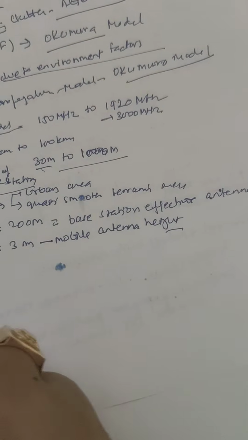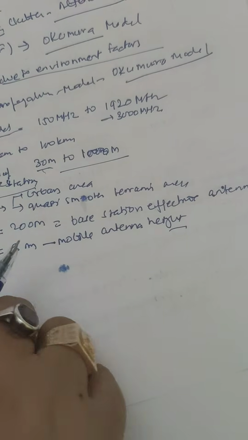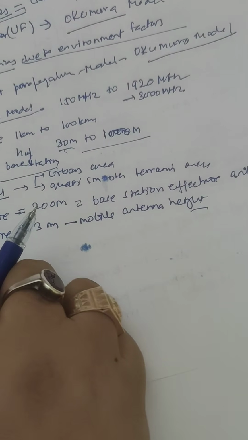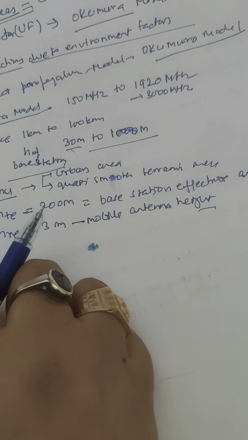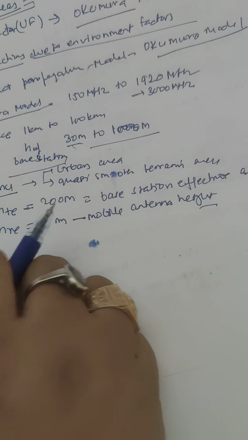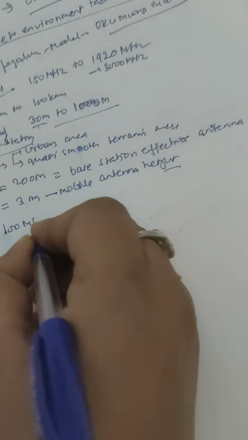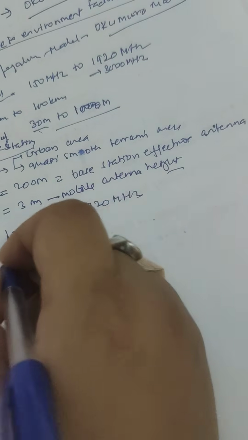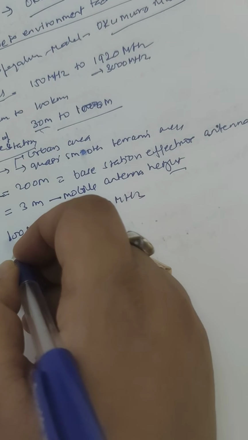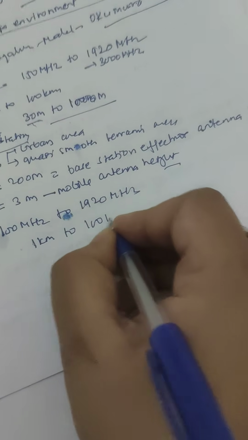So these curves were developed from extensive measurements using vertical omnidirectional antennas at both the base and the mobile, and are plotted as a function of frequency in the range of 100 megahertz to 1920 megahertz, and as a function of distance from the base station in the range of 1 kilometer to 100 kilometers.